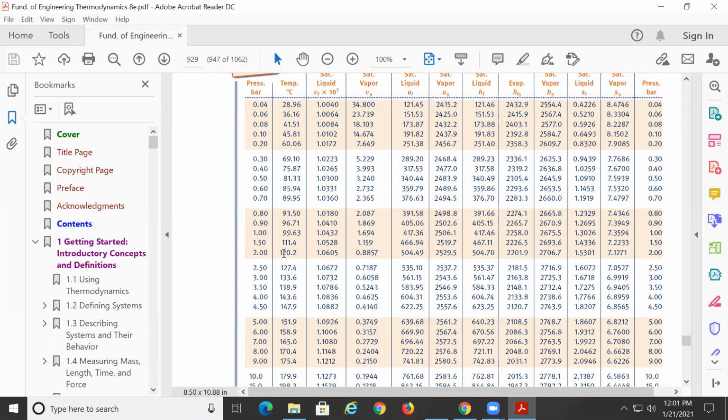Okay, so for example, now, if in a problem they tell you that you have water at a pressure of 2 bars, but the temperature is, let's say, 115. What would be the state of the water? It would be liquid, no? Because it still has not reached the temperature to become gas or vapor.